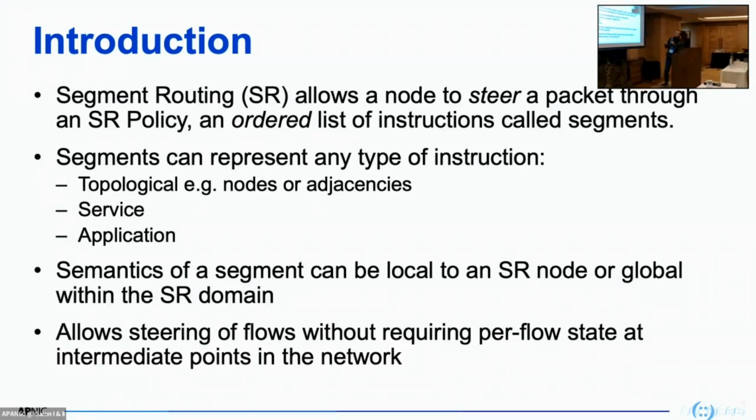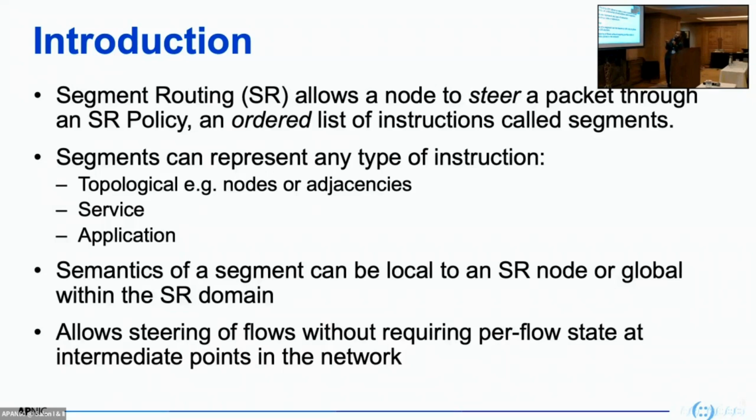Now, segment routing is basically a kind of source routing. I want to tell how the packet will move from the source. So it's like steering the packet from the source with some sort of instruction, and that's called a segment. The instruction is the segment. And with some policy, if I want to do traffic engineering, that's where the policy will come.